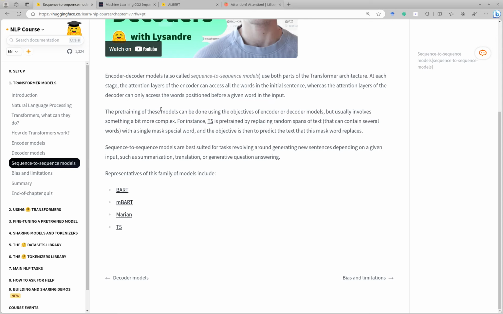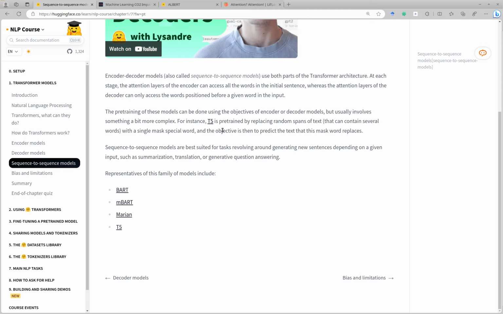The pre-training of this model can be done using the objective of the encoder or decoder. No matter what kind of objective you want, you can use either the objective of the encoder or the decoder, but sometimes they have their own complex kind of training.